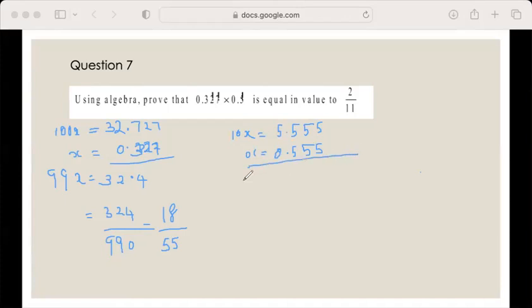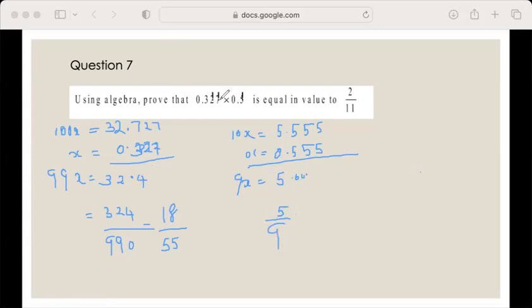So in that case, 9x is equal to what? These will cancel each other. So 9x is equal to 5.000, and so on. Right, okay. So this one is 5 over 9.